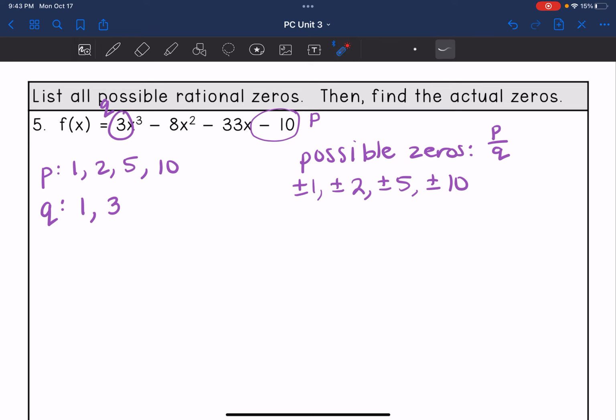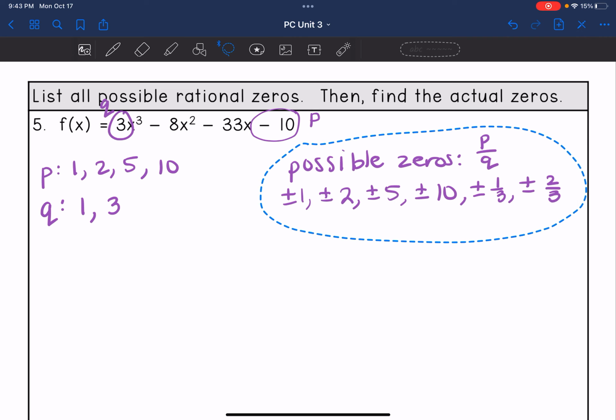But now we need to put them all over 3. So I would have 1/3, 2/3, 5/3, and 10/3. None of these simplify to something that's already on the list, so we're just going to write them all down. So plus or minus 1/3, plus or minus 2/3. I'm going to cheat a little bit. I'm running out of space.